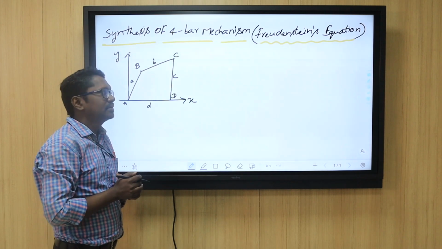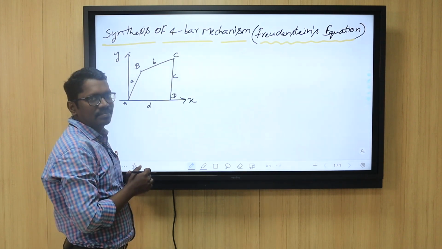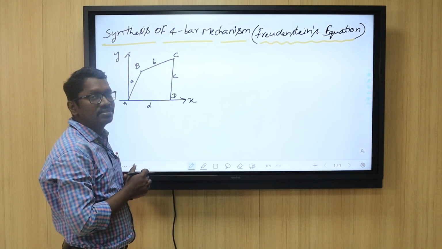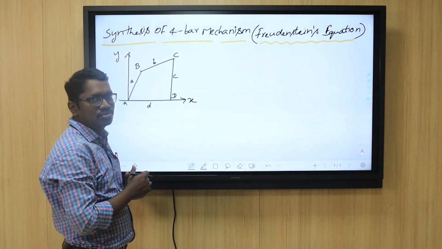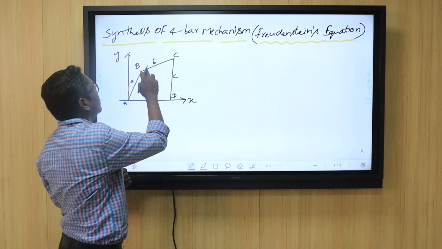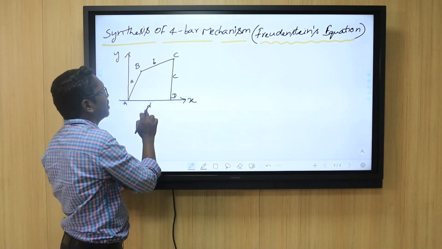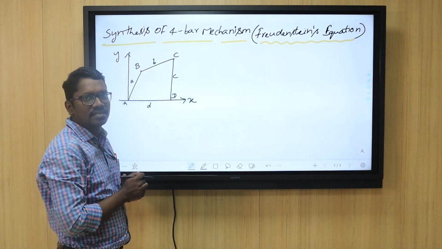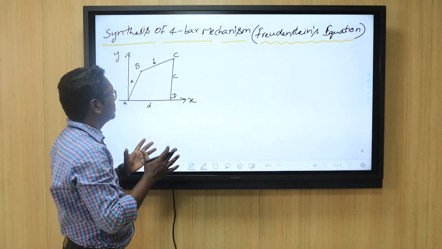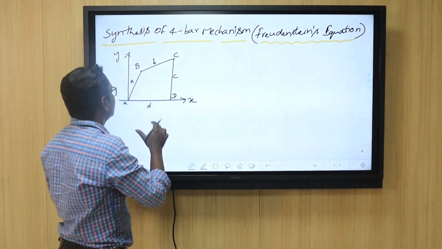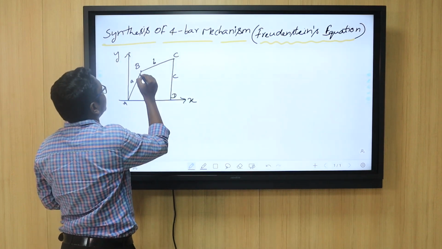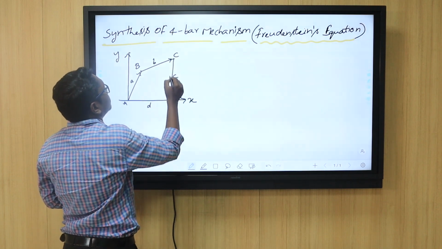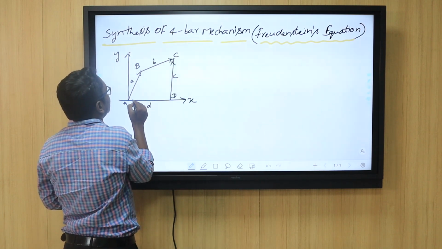We are considering this four-bar mechanism with four links having the magnitudes small a, small b, small c, small d. Let us consider those magnitudes as vectors, and write the vector equation for this four-bar mechanism.